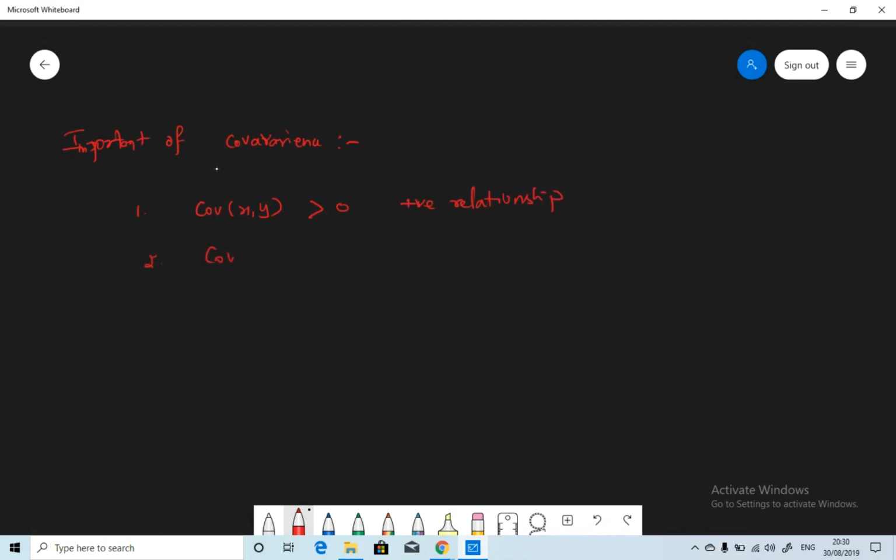Second one: covariance of x comma y less than 0. It's a negative relationship. Then covariance of x comma y equal to 0. What does it imply? No relationship.